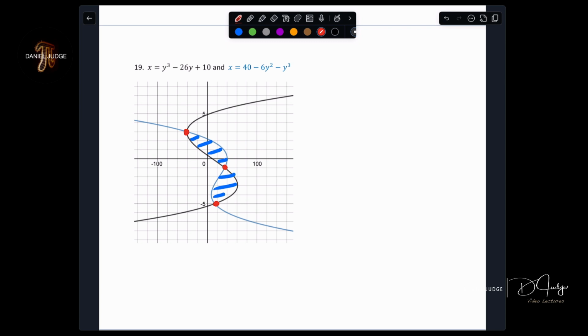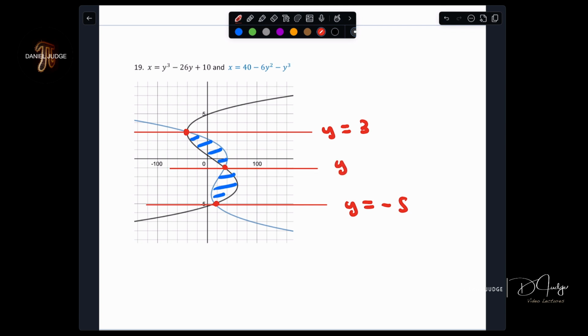So what does that mean? We go through y equals, looks like, 1, y equals 3. Over here, y is negative 5. And then here, y is negative 1.